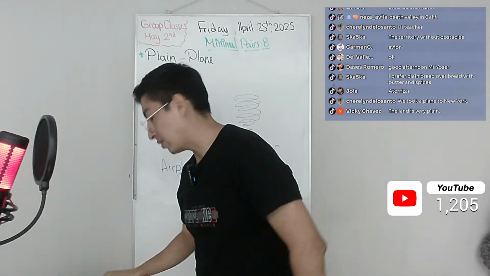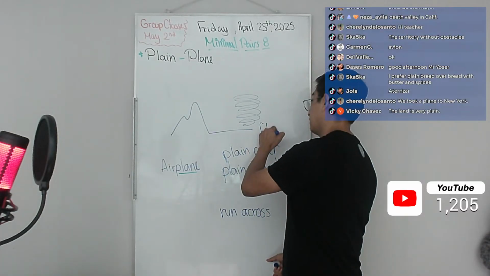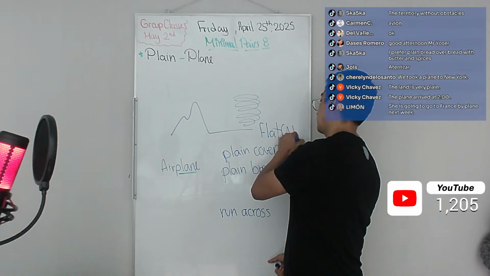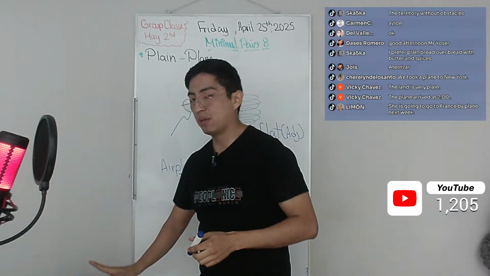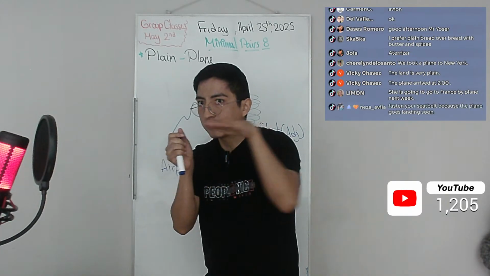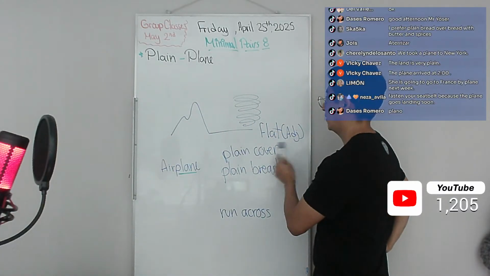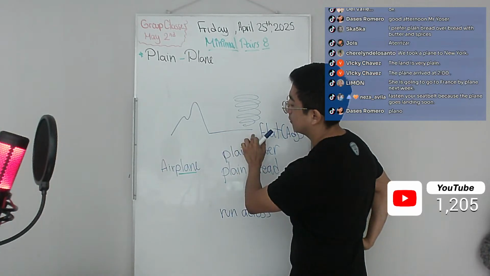Okay, very good. Now, remember that this is different from flat. Flat is an adjective. We can say that maybe the table is flat. Yes, you can say flat. This is an adjective. You can say, oh, the area is flat.